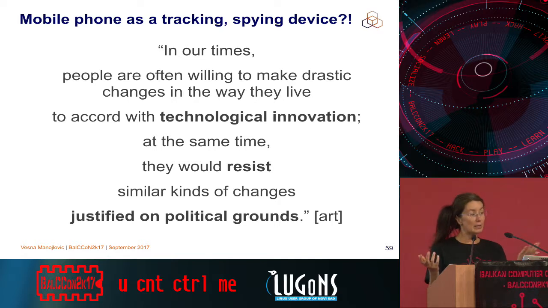But if they say, oh, it's a new gadget, then people would just do it voluntarily. And it's not a new thing. This was predicted in the 80s already by a guy who was studying the philosophy of technology.